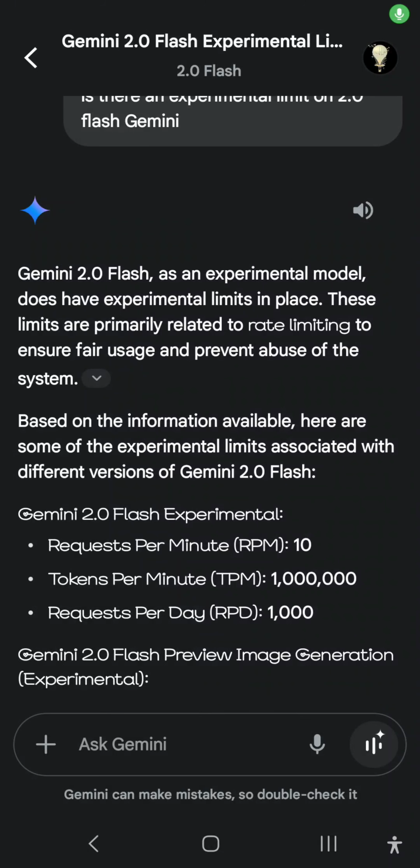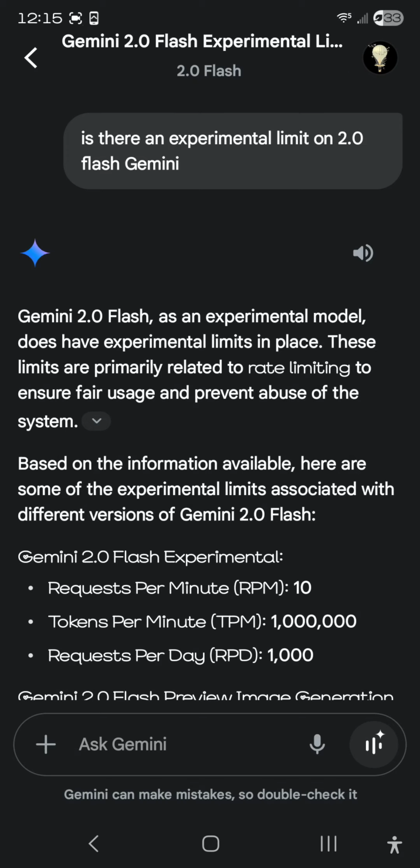I had asked Gemini Flash Pro 2.0, Flash Pro, something like that, questions this morning, and all of a sudden it gave me a dialogue stating that I had reached my limit and to try the paid option.